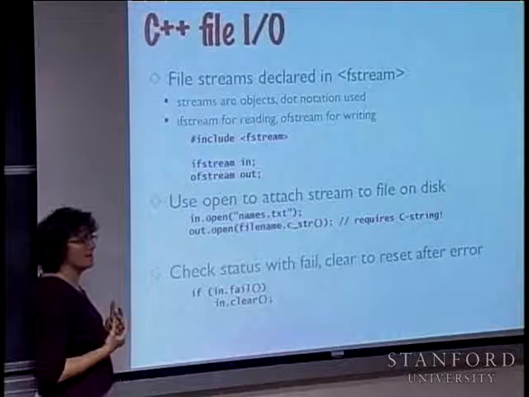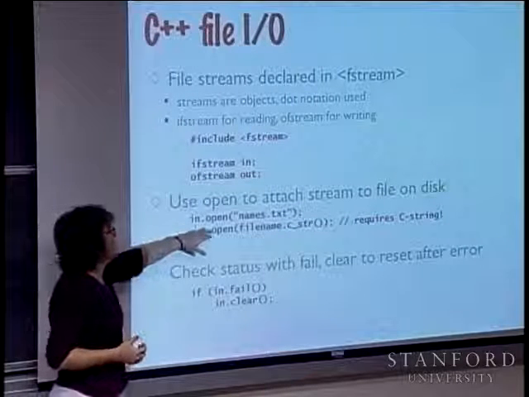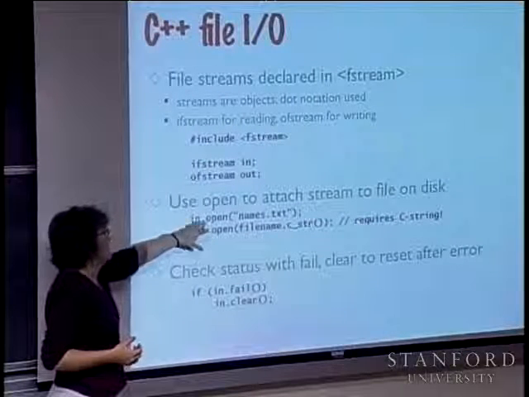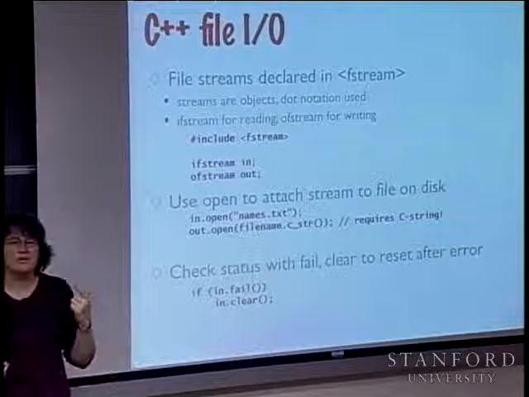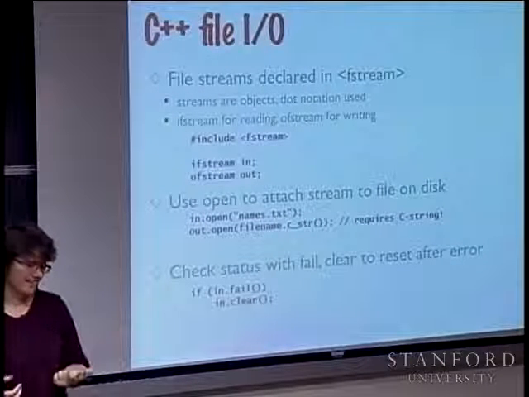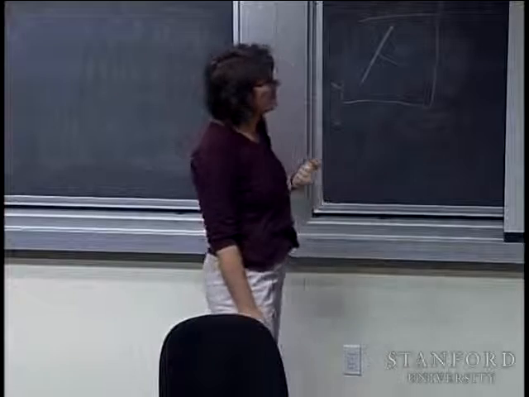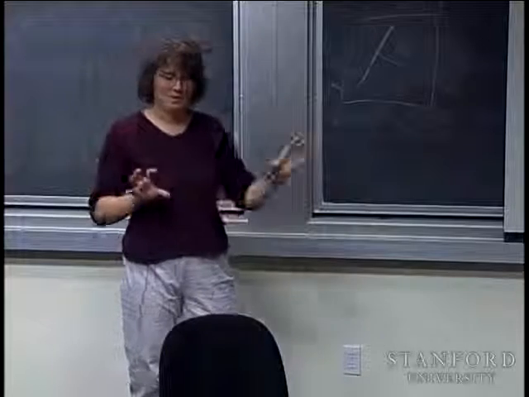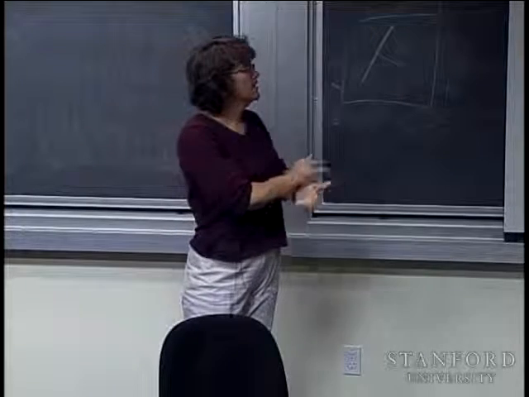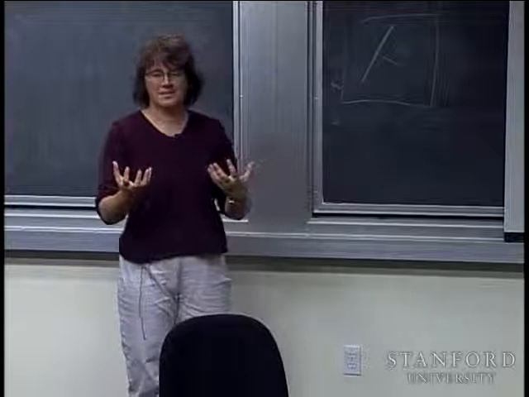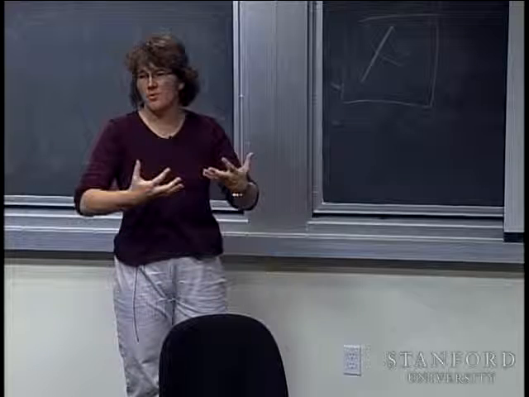This is the case that comes up. The open operation on ifstream and ofstream expects its argument to be specified as an old style string. This is actually just an artifact. The group that was designing the stream package and the group that was designing the string package were not in sync and were not working together.